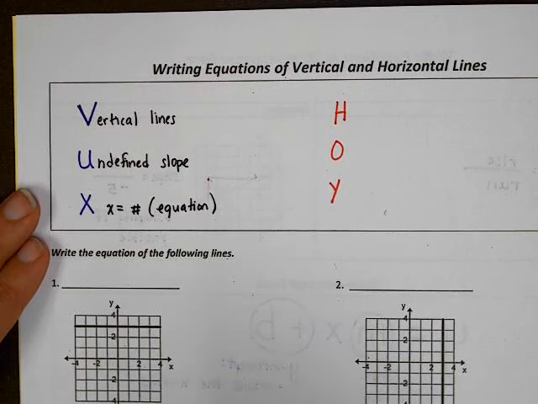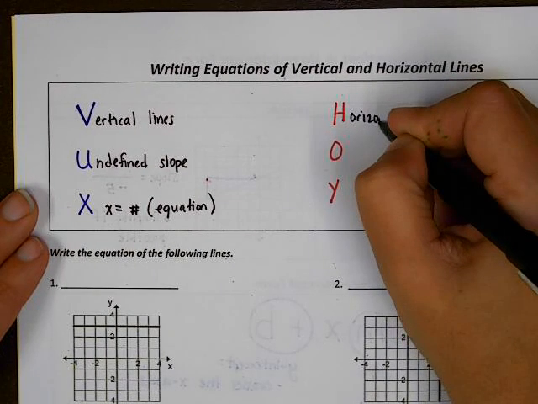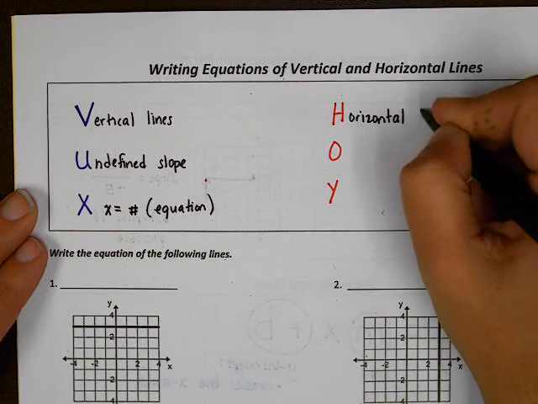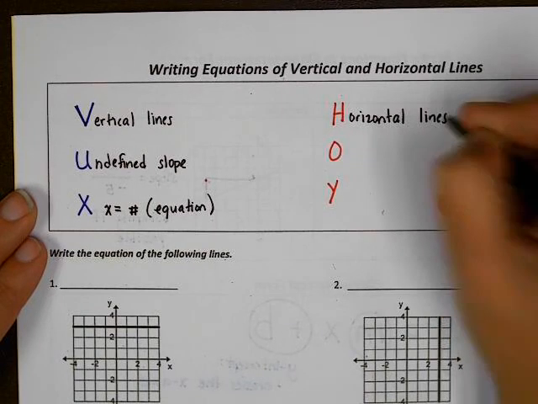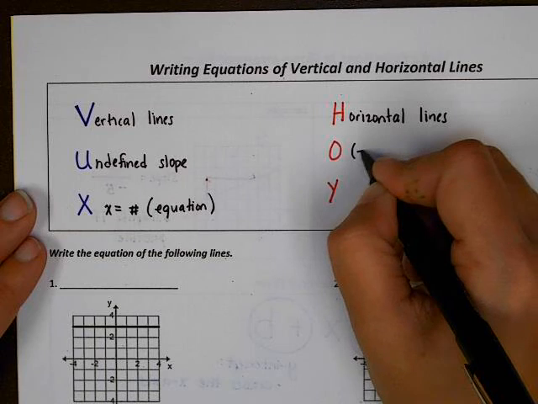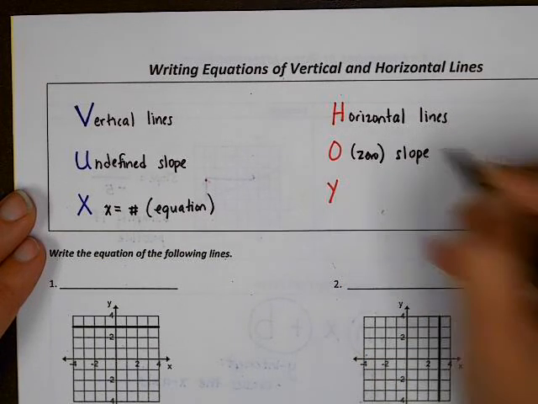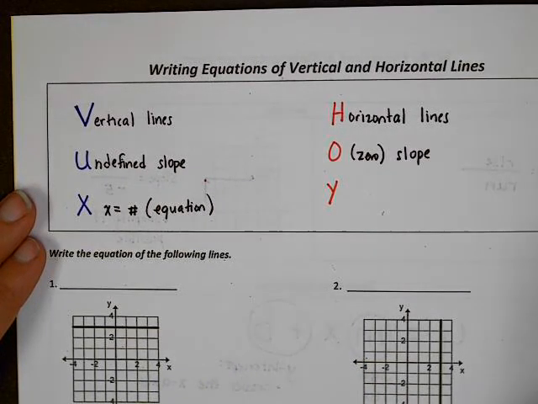If you remember HOY, the H stood for horizontal lines. The O was actually the number 0, because the slope of a horizontal line is 0.